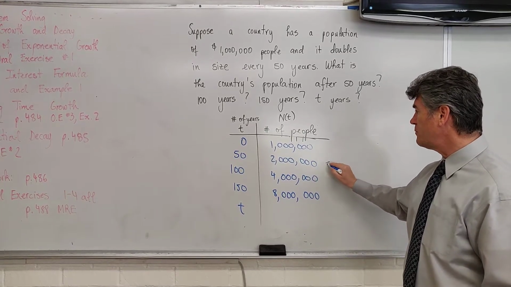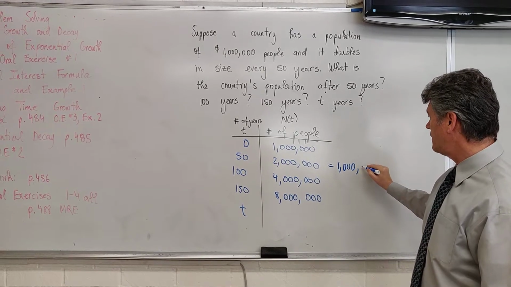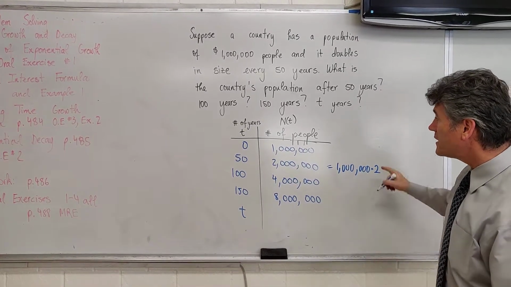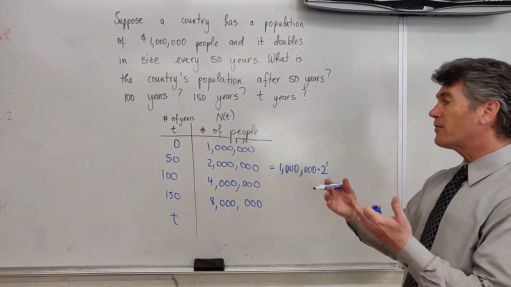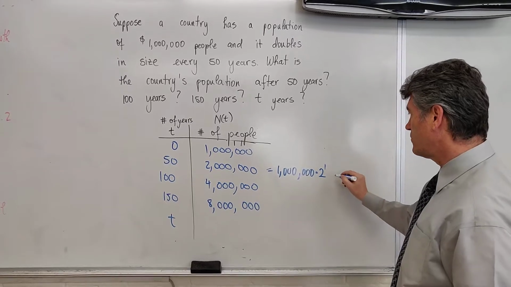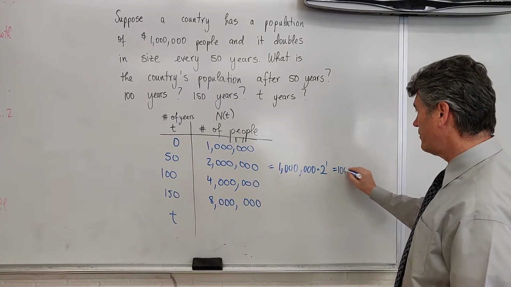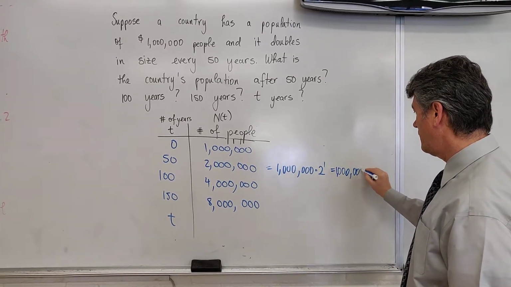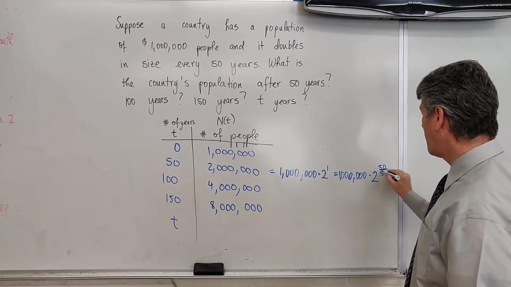So let's take a look at 2 million. 2 million is the same as 1 million times 2. This 2 is 2 raised to the first power. Let's think of another way of writing 2 to the first power. 1 million times 2 raised to the power of 50 over 50.